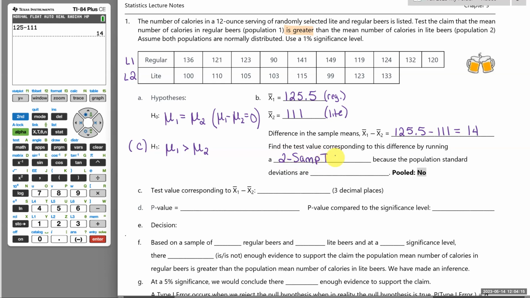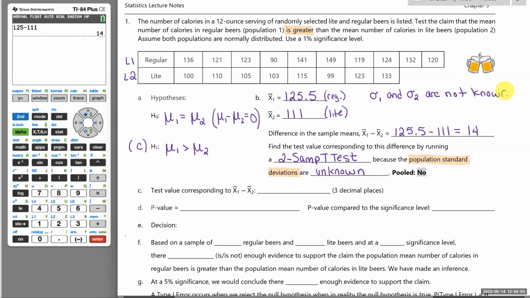t-test. So t versus z. The reason we're doing a t-test is because the population standard deviations are unknown. Nowhere in that problem did it give us sigma 1 and sigma 2, the population standard deviations; they are not known.